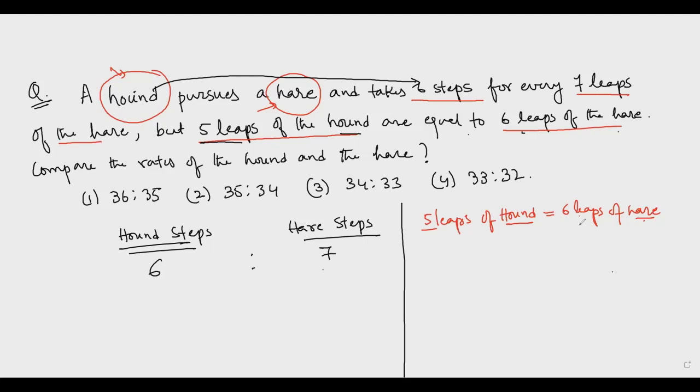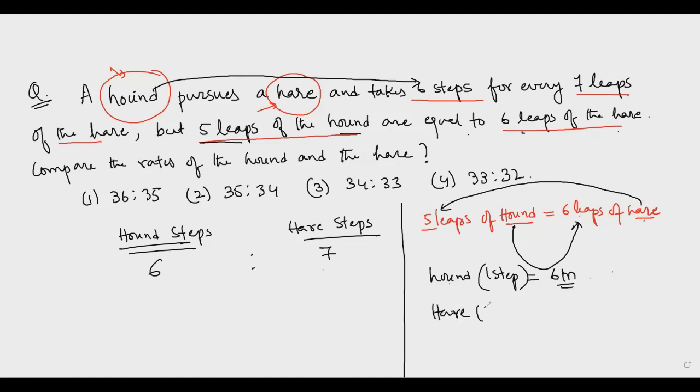Right? So what I am going to do here is, listen very carefully. If I assume hound 1 step is equal to, let's say, 6 meters, and if I assume here 1 step of hare as 5 meters, okay?